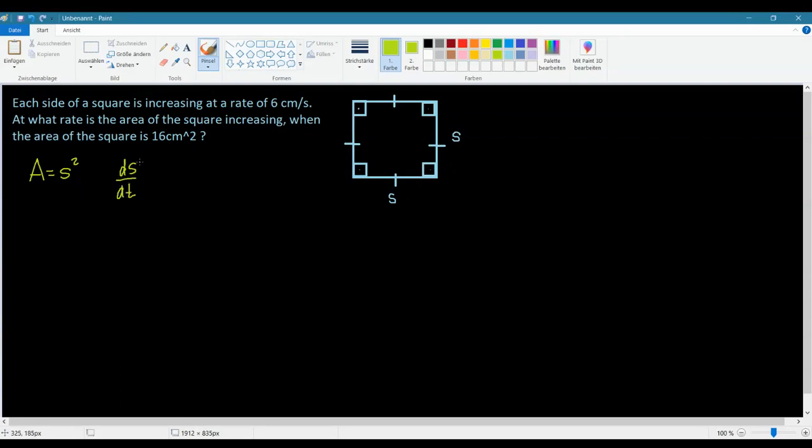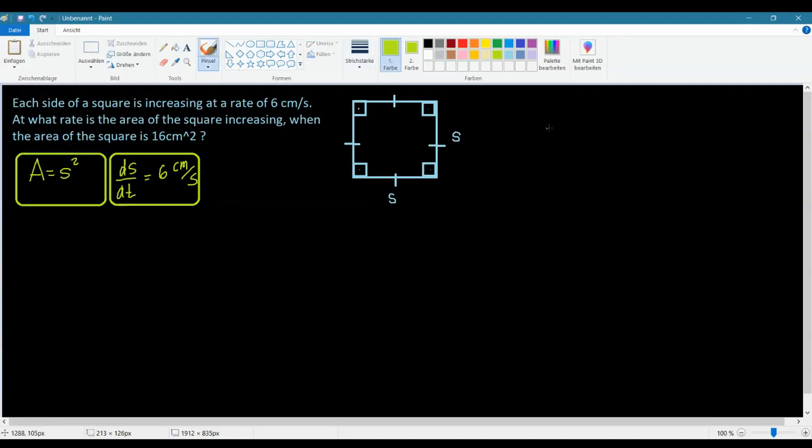The change in side over the change in time is 6 centimeters per second. Okay, so let's just box those really quickly, and then we're going to move on to what we're trying to find.